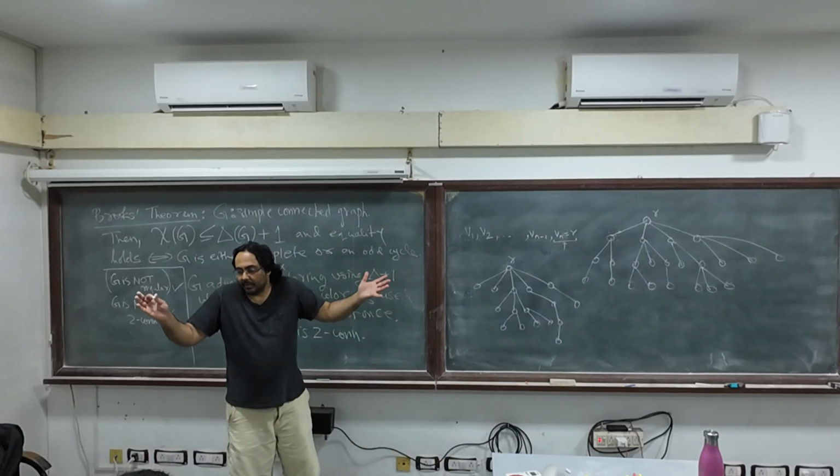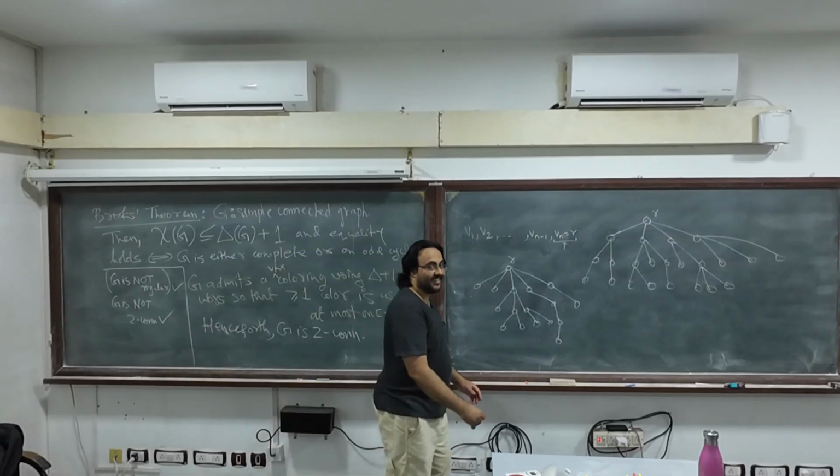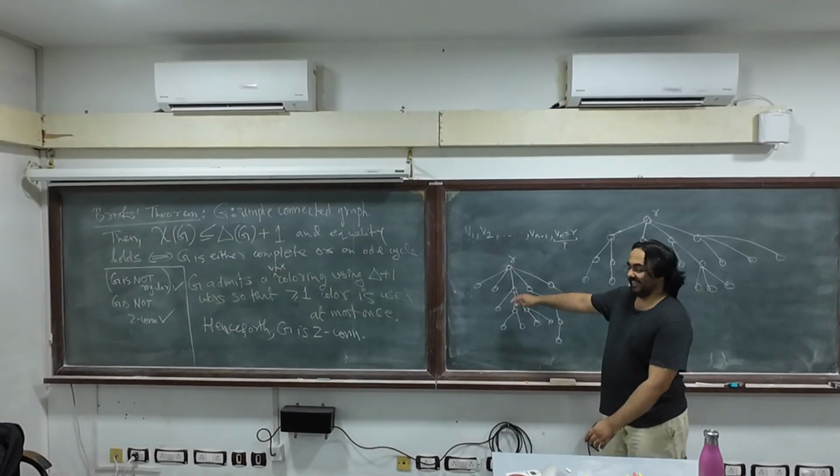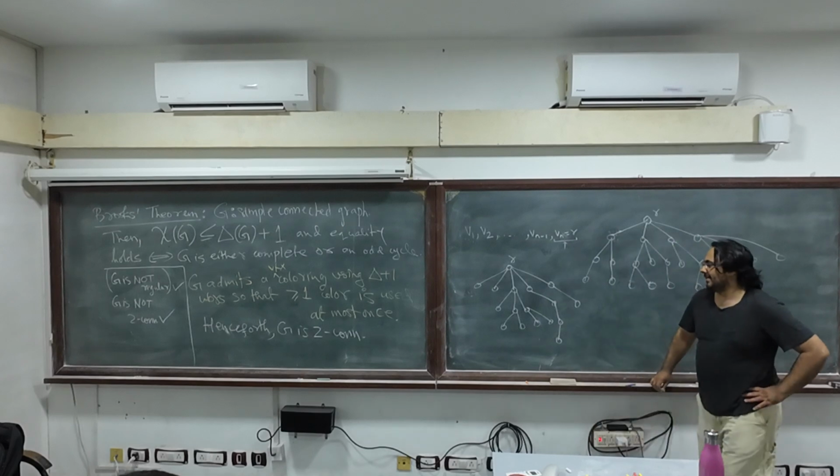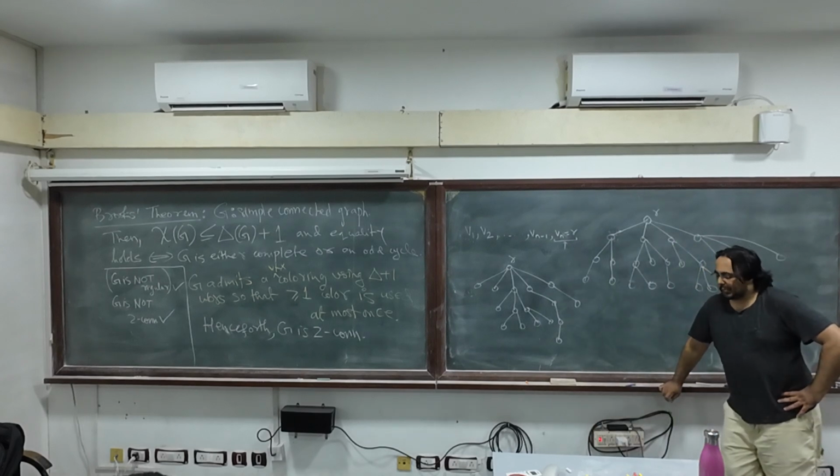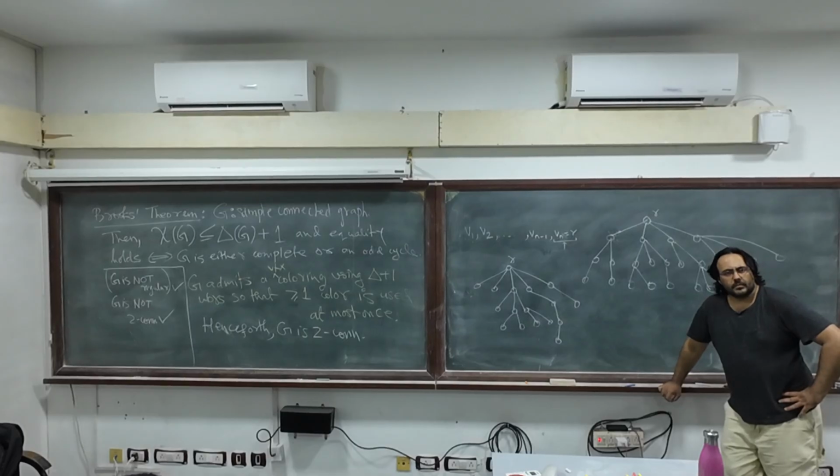I haven't told you what I mean by this. But supposing this is the tree. Then am I done? What does it even mean? Are we done? Why are we done?